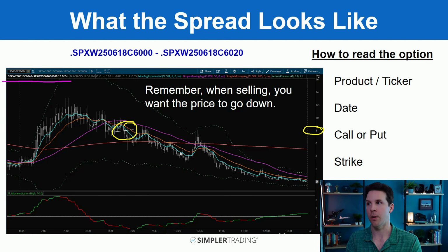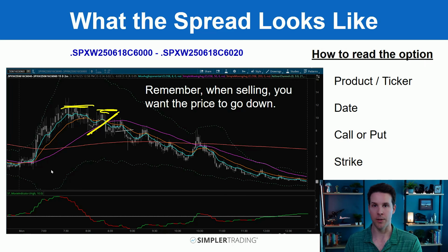And we let it go down, down, down. And I think we bought it back right around here for about $5, which was about 40%. And so you can see, we want this to go closer and closer to zero as we make money. And so finding the right place to get in is good. Either you can find a turn or a pivot or a break of a moving average. And if you guys remember from some of my previous videos, I like to visualize the options.